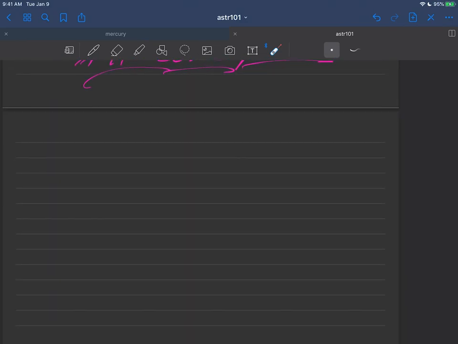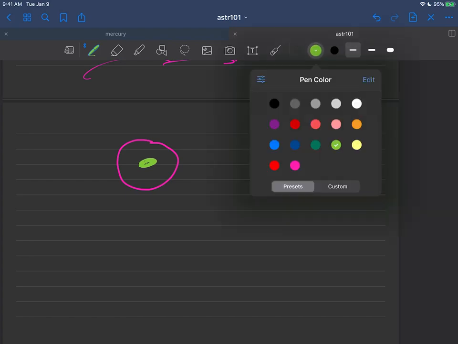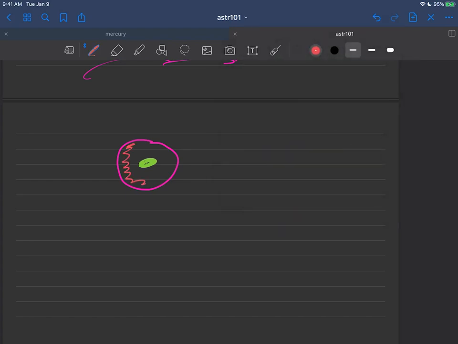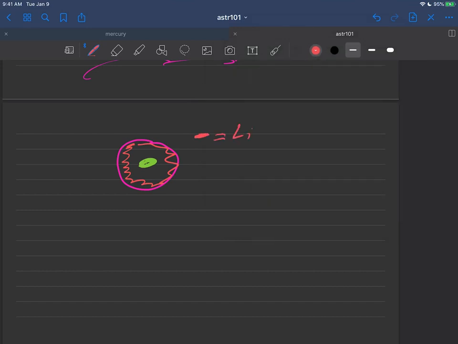So Mercury probably looked like this at one point, where this reddish stuff here is the light stuff, like the silicates, and this green stuff in here is heavy like the iron.